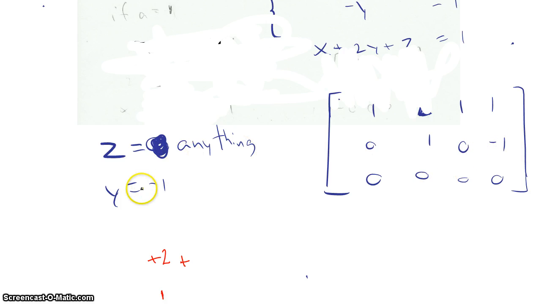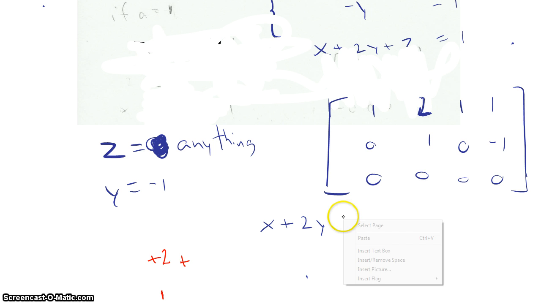So y equals -1, and then the x, well, this equation has a 2 here, plus z, I'm leaving off the z, equals 1.